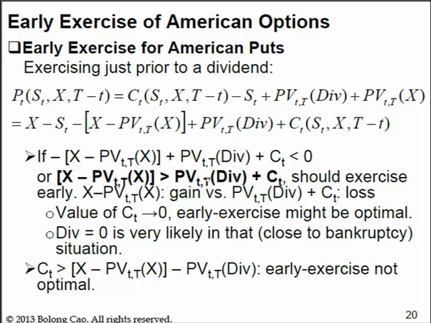Now, when the dividend is 0, what's going to happen? The stock is very low. If it still pays a high dividend, people will pay a good price for the stock. But if it no longer pays a dividend, the stock price is very low. It's basically a situation that is close to bankruptcy. So you would like to exercise your American put options early, because you can no longer make a higher payoff from the underlying.